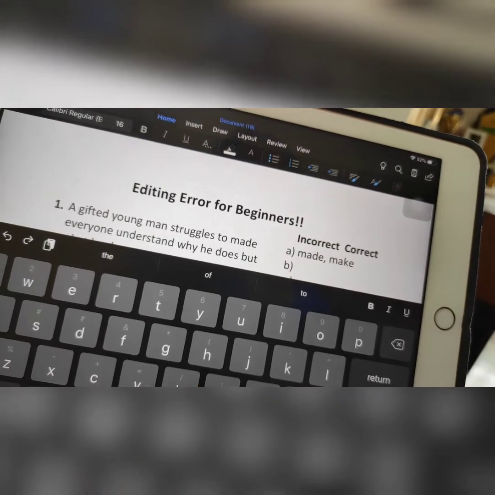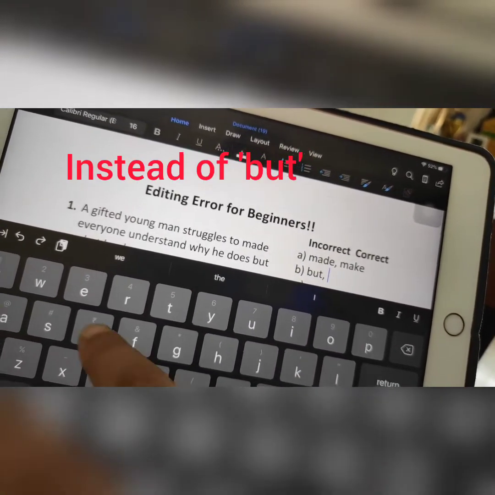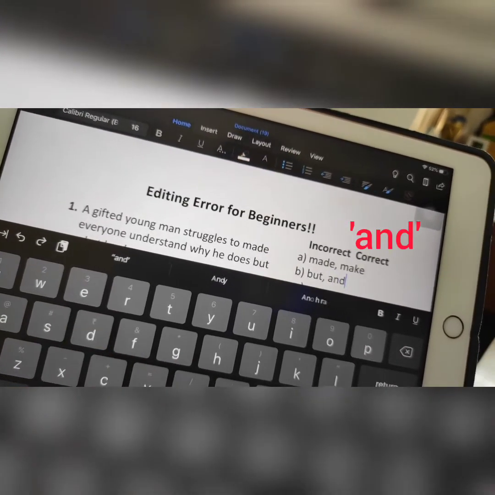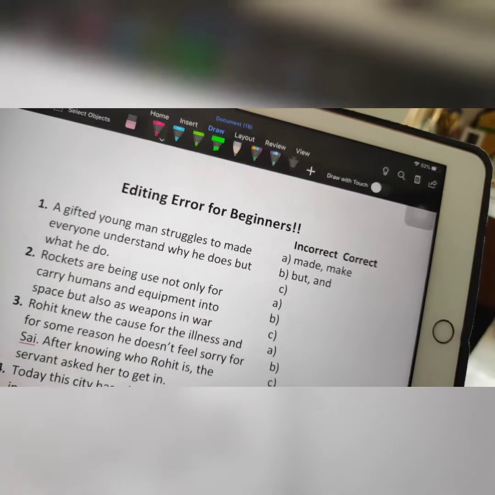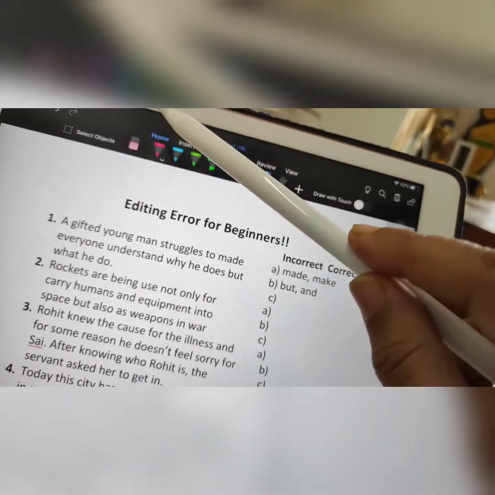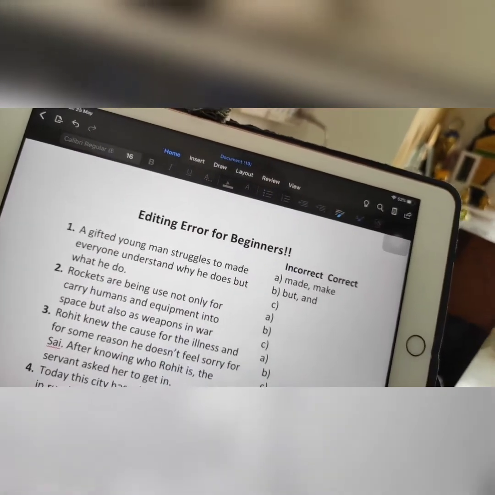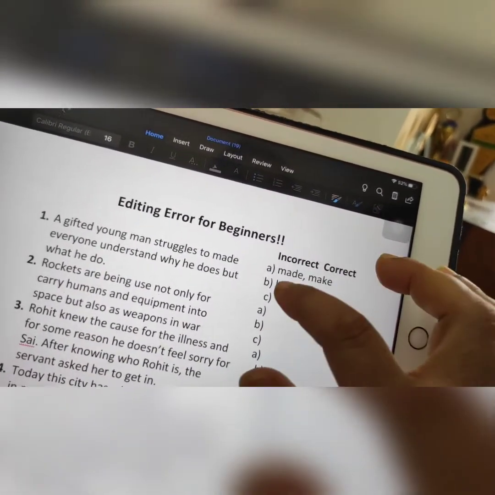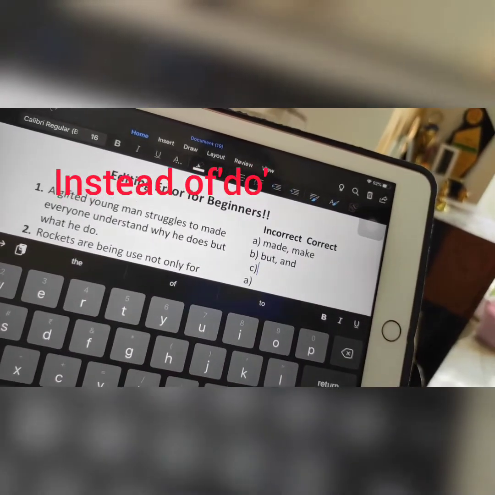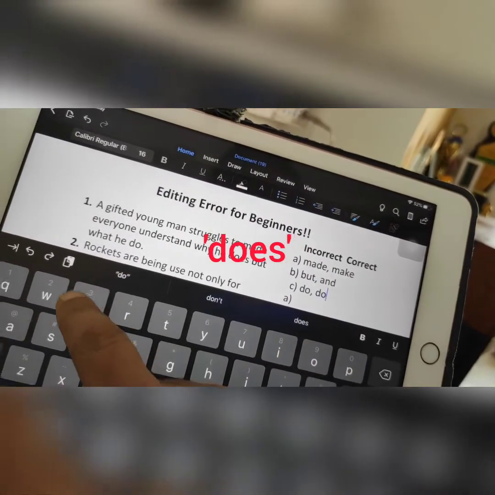We will first write down the wrong word but and the correct word is and. Now let us move on to the third line of this passage and that is what he do. With he, we cannot use do. It should be does. So we will write down here do first and then the correct word does.